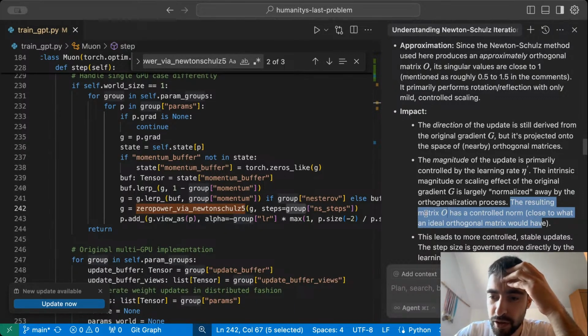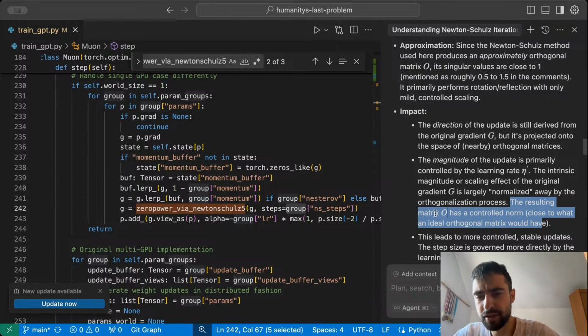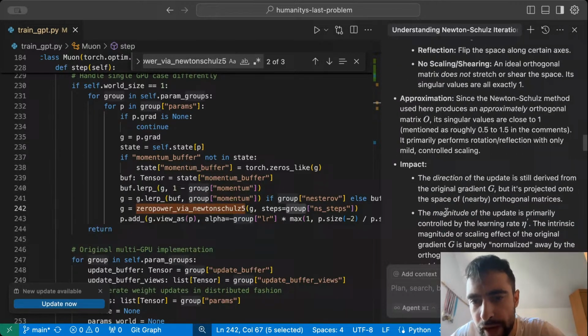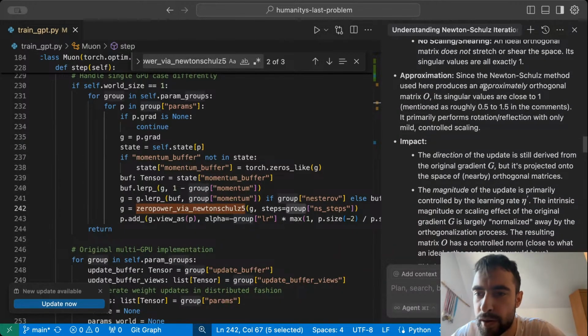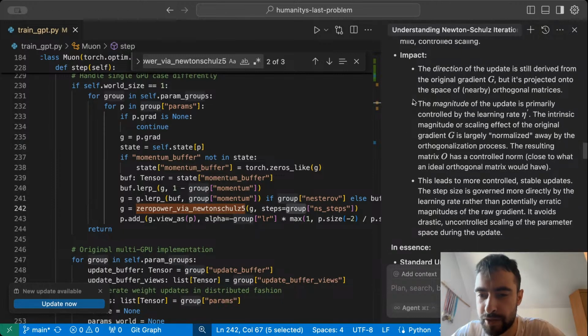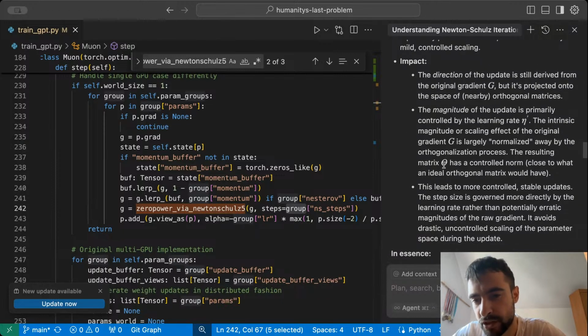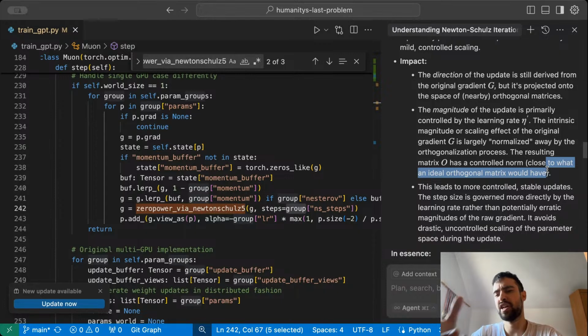The resulting matrix O has a controlled normalization close to what an ideal... what is this O? It's an approximate orthogonal matrix. Okay. The resulting matrix O has a controlled norm close to what an ideal orthogonal matrix would have.